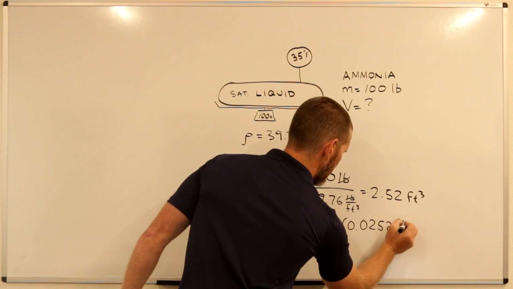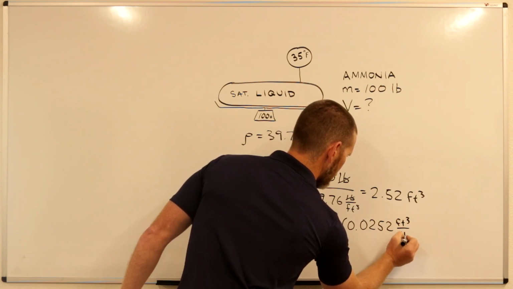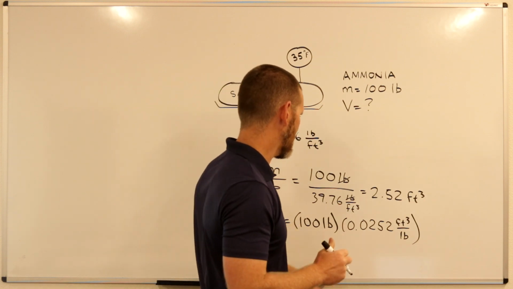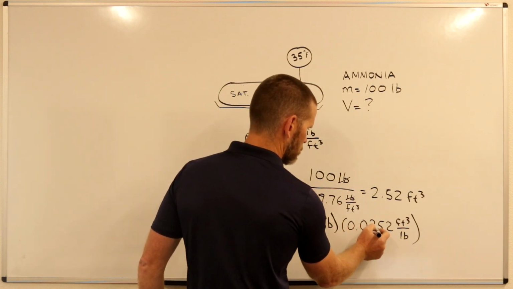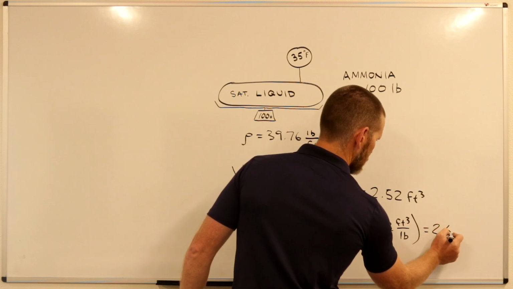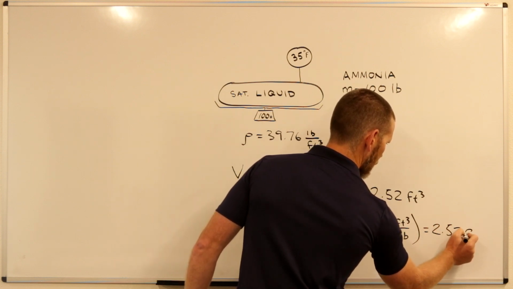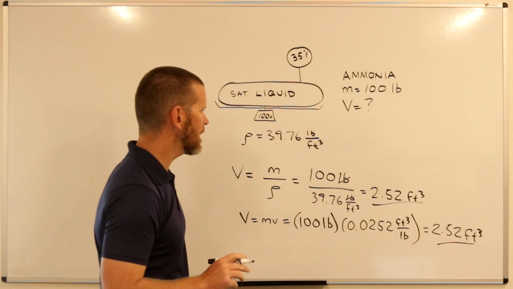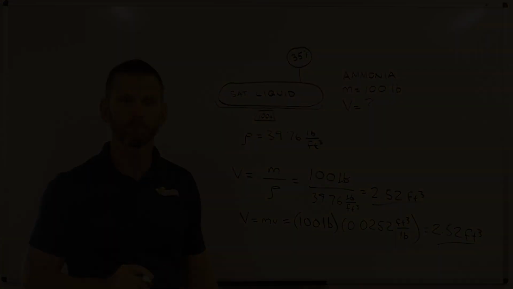That's cubic feet per pound. And we probably don't even need to use a calculator because 100 times something, we're just gonna move the decimal 2 spots. We figure out the answer is what we already know it to be, which is 2.52 cubic feet. That is the volume needed to hold that liquid ammonia.